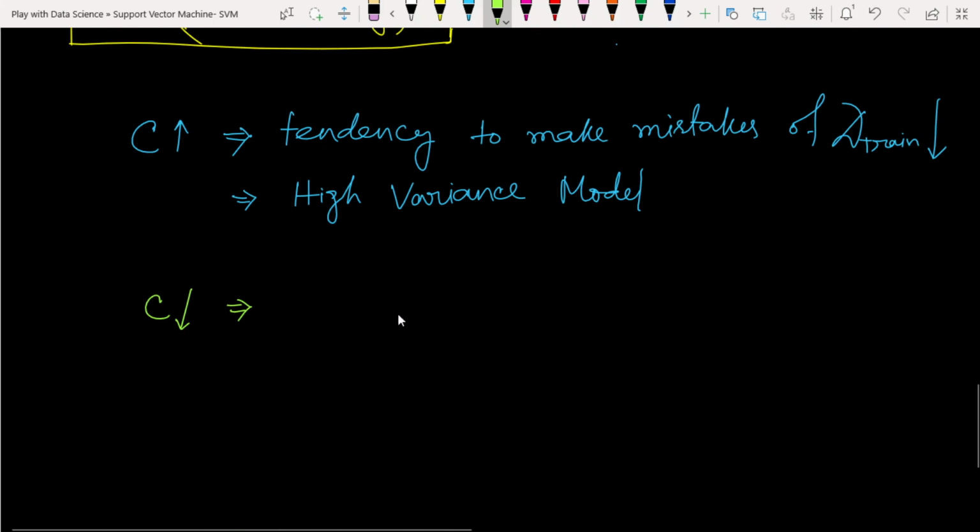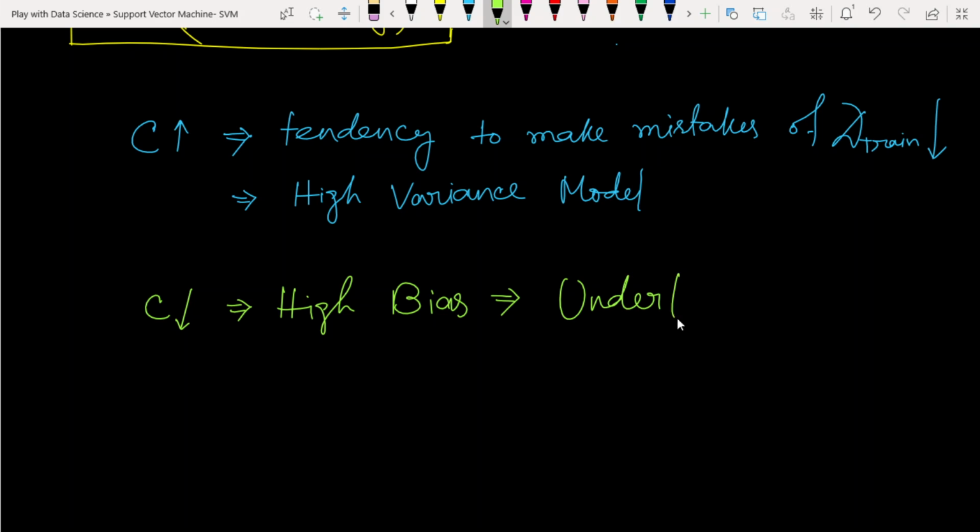In such situations, we are making our model a high bias model, or in other words, an underfit model.